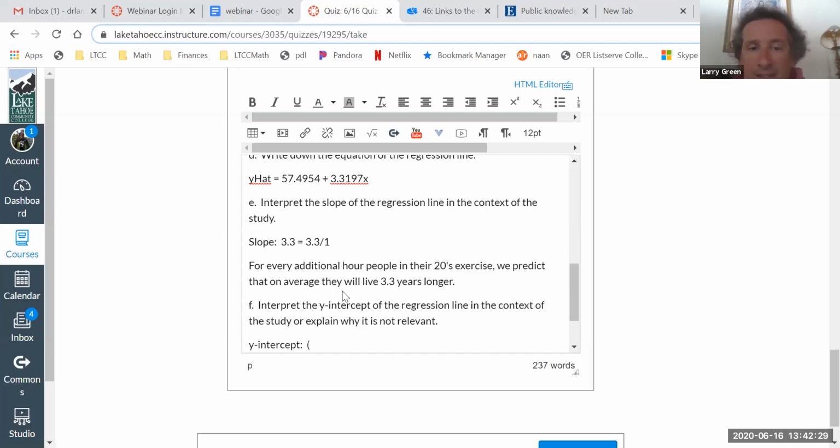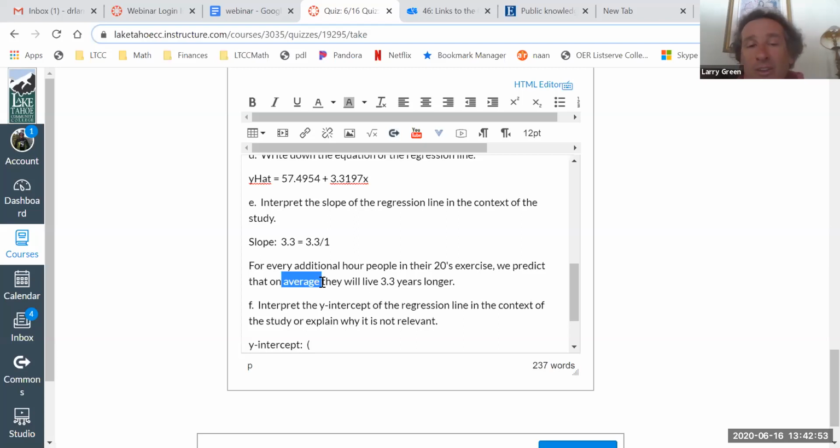Right. So the key is you don't want to just have "will", but if you have "predict" and you have "average", then it's okay. So you got to have predict and average, otherwise you don't. But if you just write for every additional hour people in their 20s exercise, they will live 3.3 years longer, that's bad. Does that make sense?